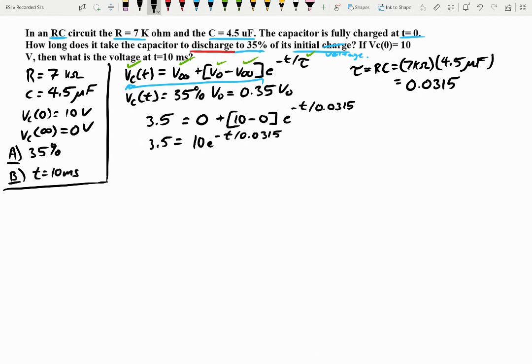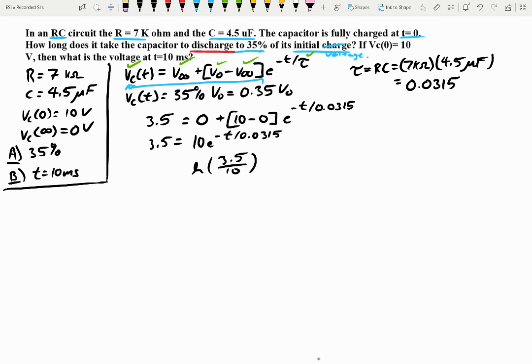Okay. Now we'll just use the log equation to solve for t. So we'll do natural log of 3.5. Let's divide by 10 first, so that way we can have a baseline for it. So 3.5 divided by 10.